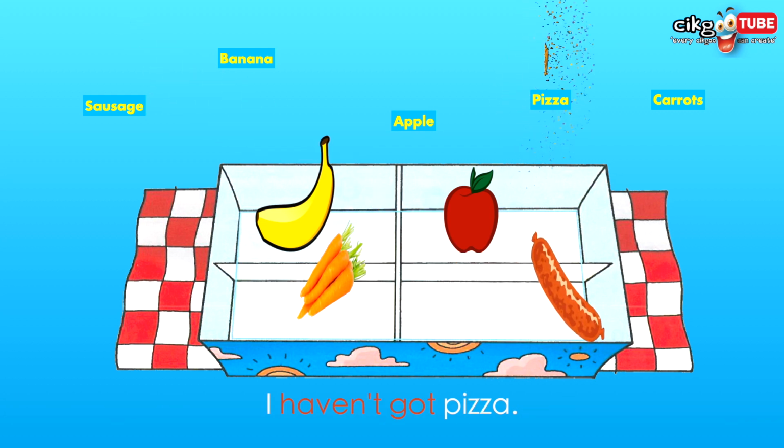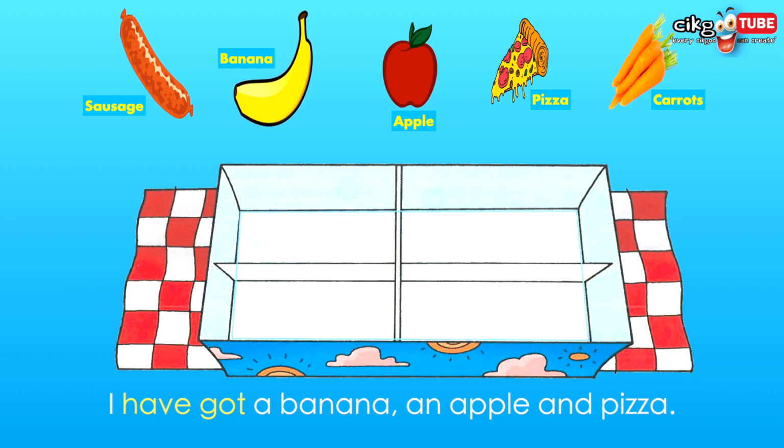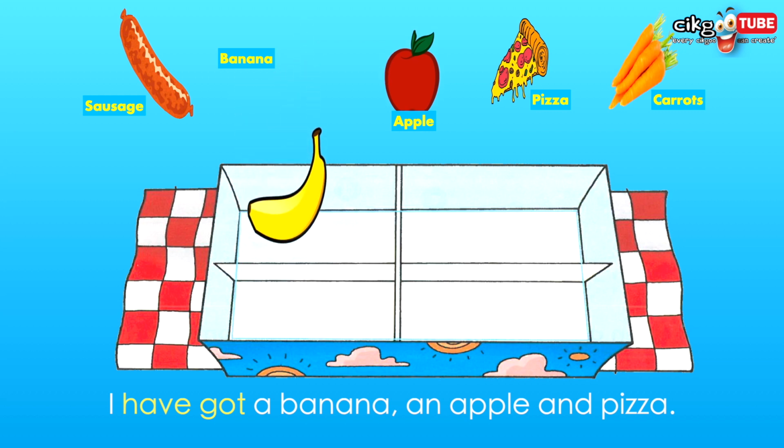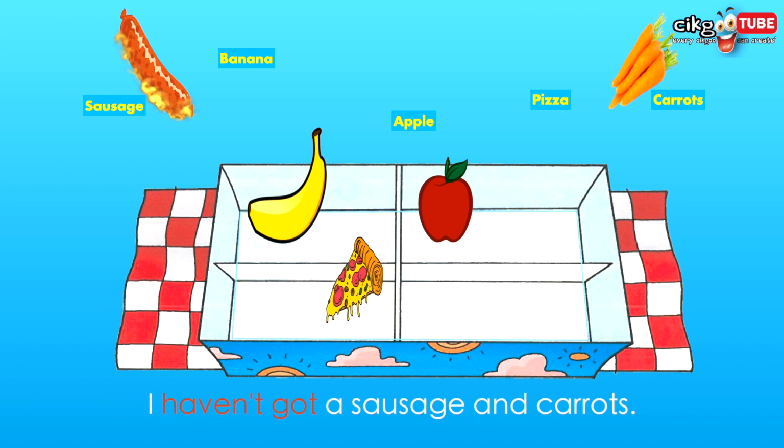I haven't got pizza. Next one. I have got a banana, an apple, and pizza. I haven't got a sausage and carrots.